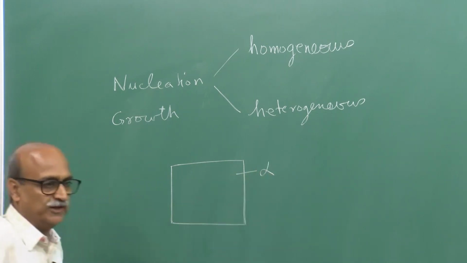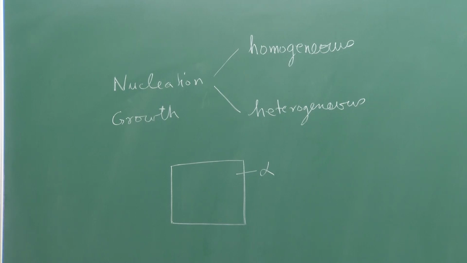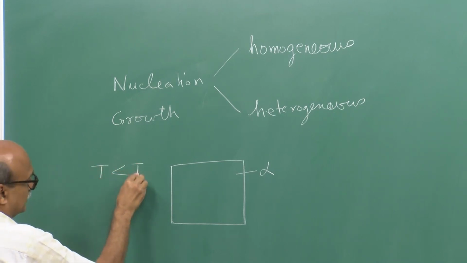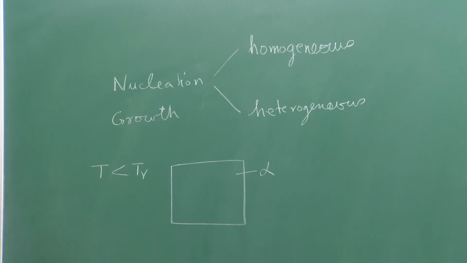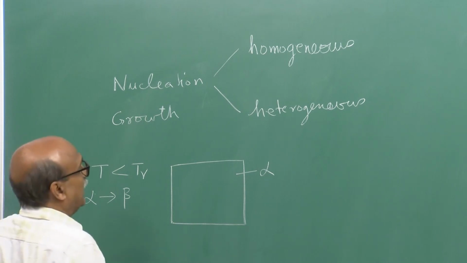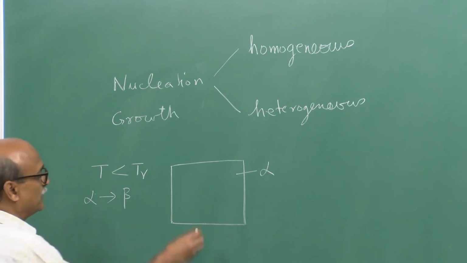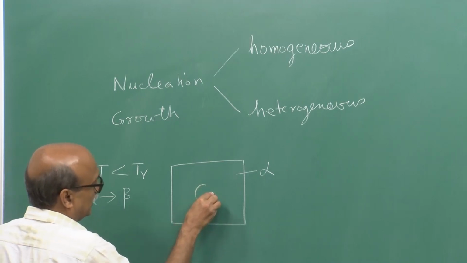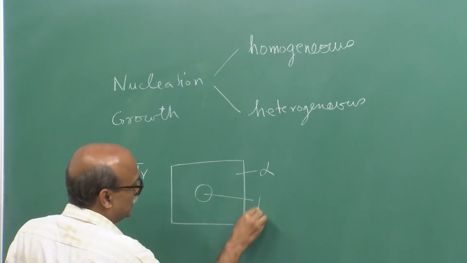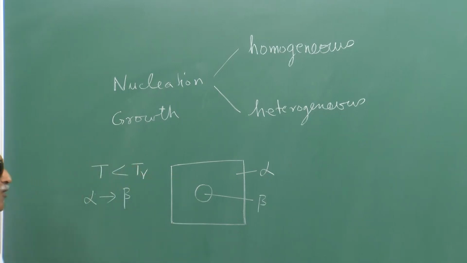we have the alpha phase everywhere, and as we are cooling down the material to a temperature less than the transformation temperature, where the transformation temperature is the transformation of alpha to beta, beta starts to form inside alpha, and for its formation to occur, first a nuclei of a certain size beta precipitate will form.